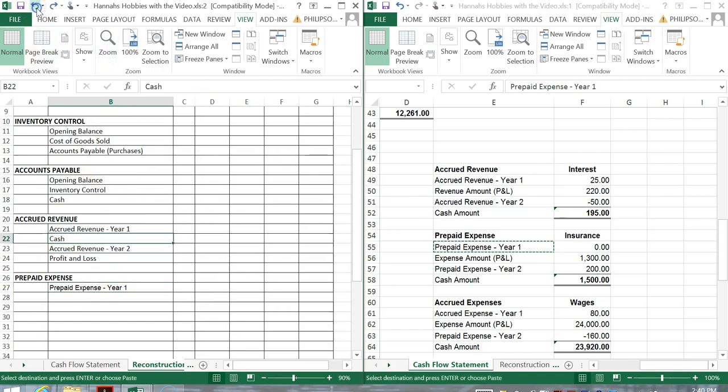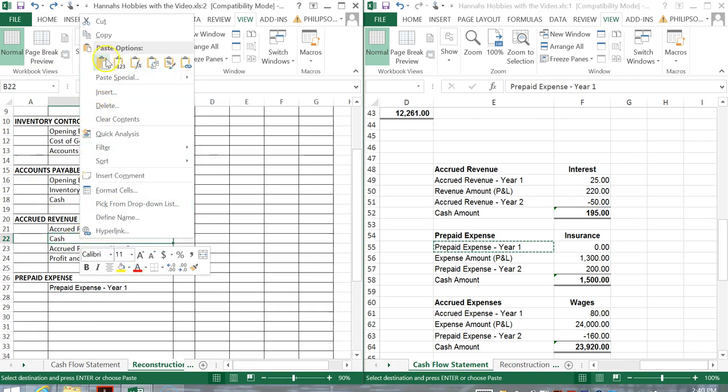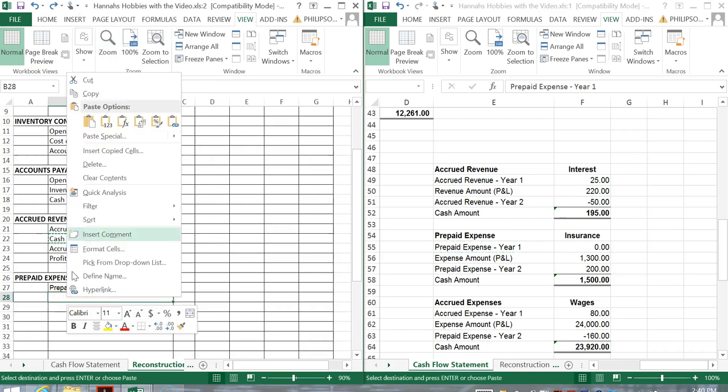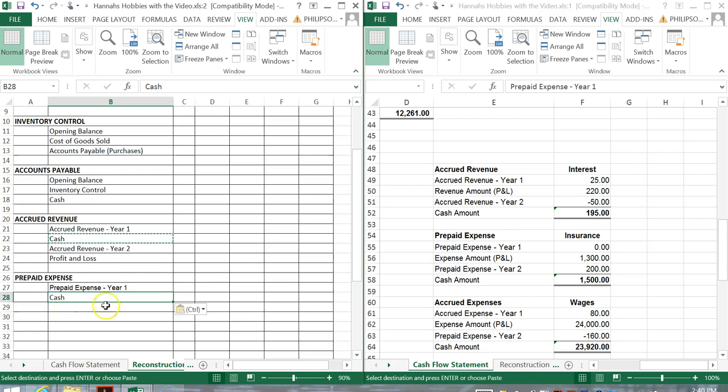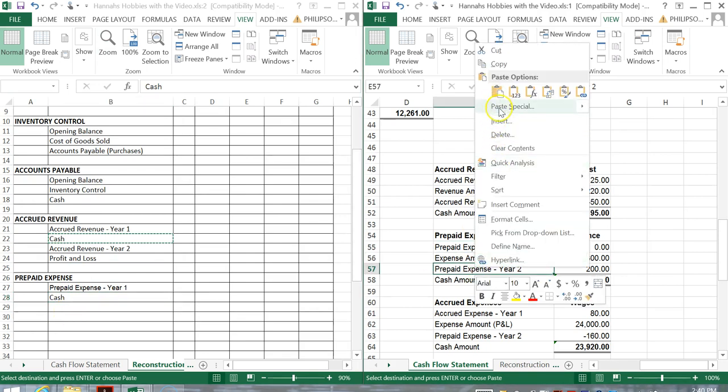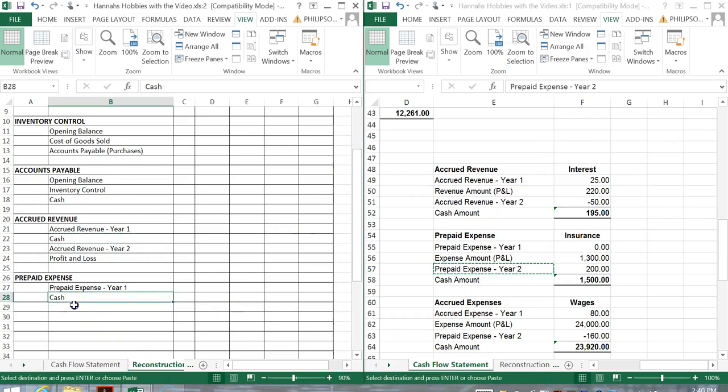Copy. Cash. Prepaid expense year 2. And then profit and loss. So you can see there's a little bit of a pattern with these reconstructions.